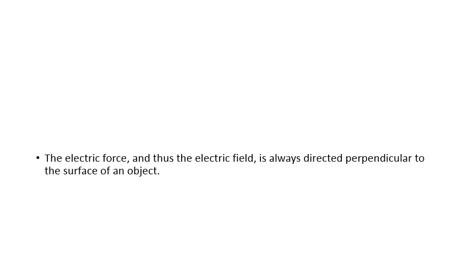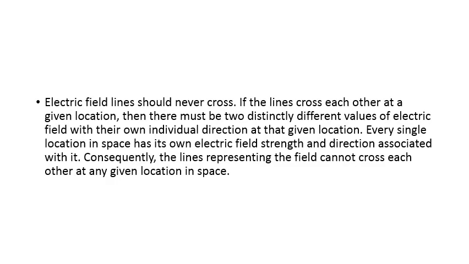The electric force, and thus the electric field, is always directed perpendicular to the surface of the object. This is the conclusion. We must know that the field is always directed perpendicular to the surface of the object. So far we have developed the first few rules.